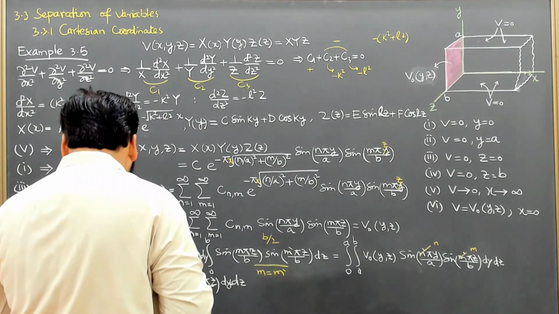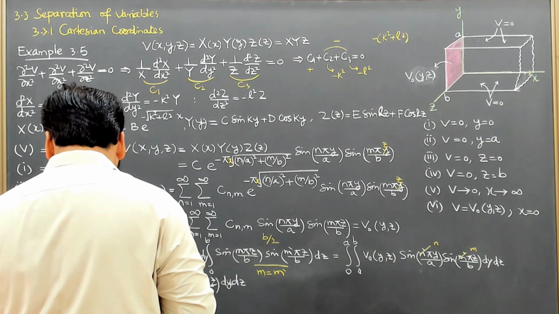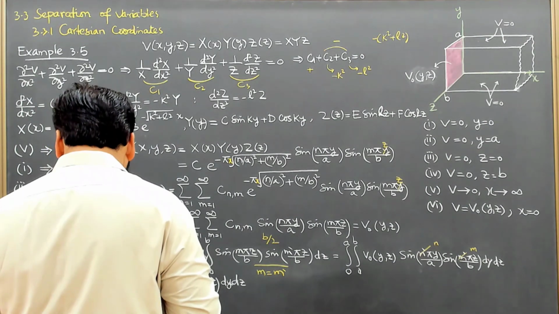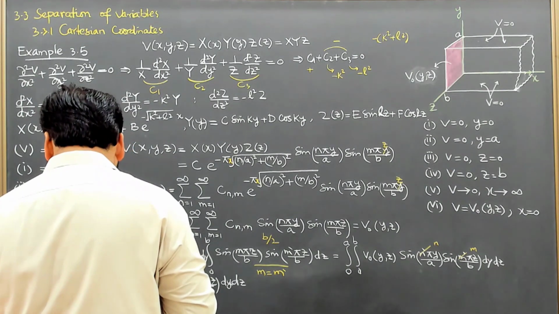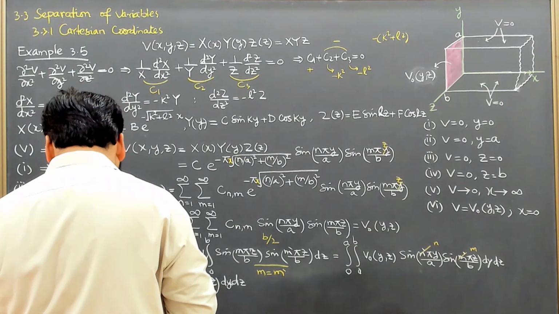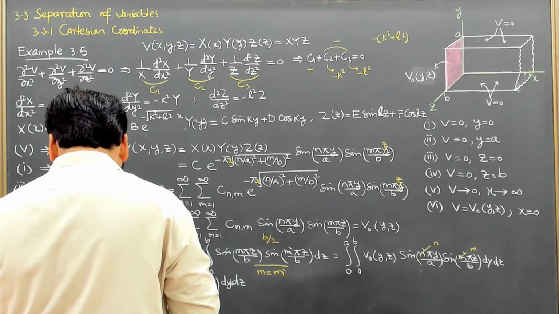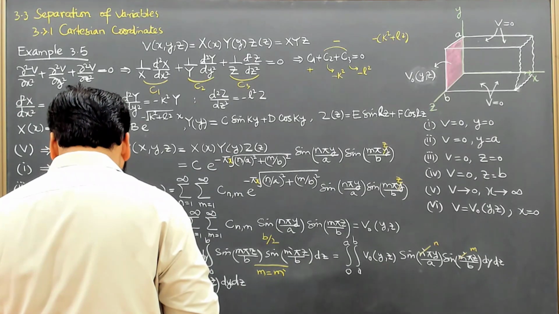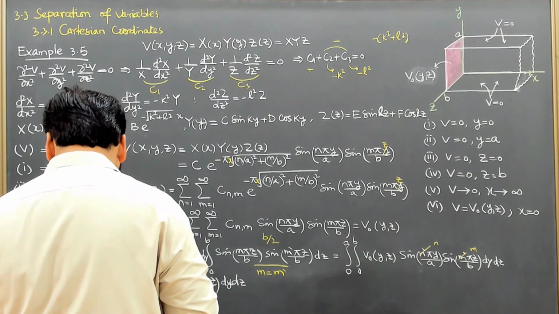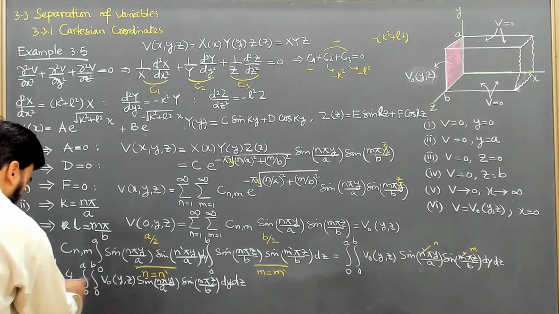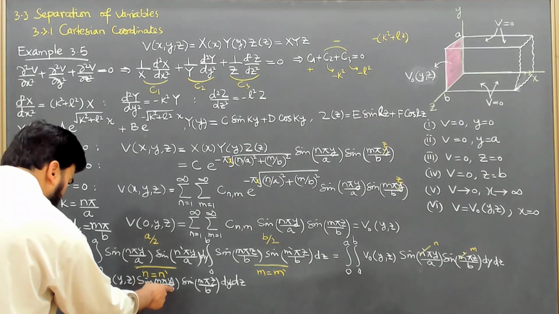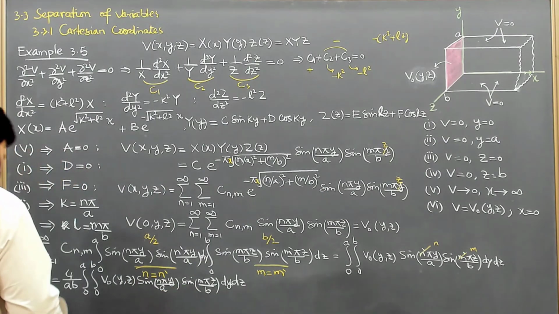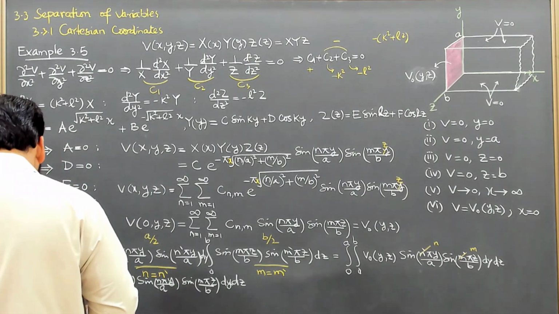Now when we calculate this integral, we have these coefficients already calculated. V naught will come outside, so it will become 4 V naught over ab and sine n pi y over a and sine m pi z over b.